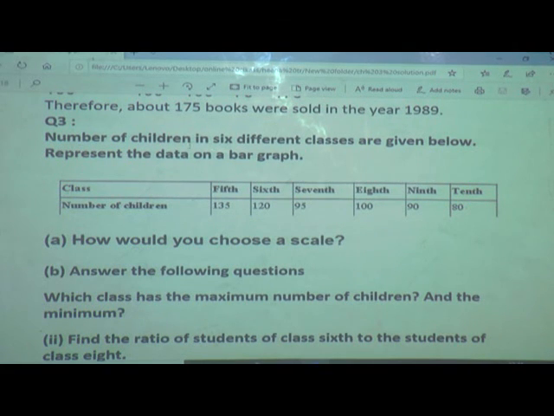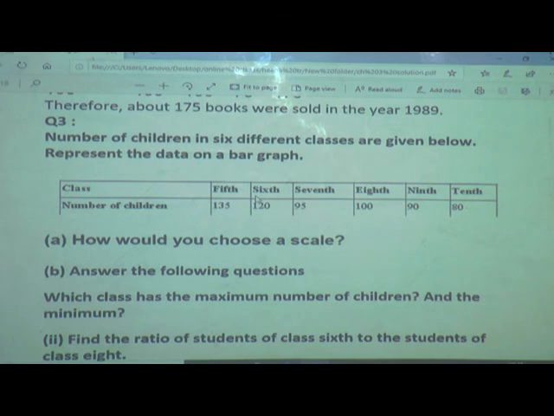The number of children in 6 different classes is given below. So here we are having the classes as 5th standard, 6th standard, 7th standard, 8th standard, 9th and 10th standard. Represent the given data on a bar graph. Bar graph means we have to plot the graph.